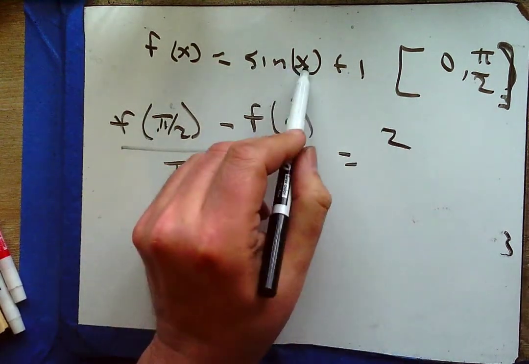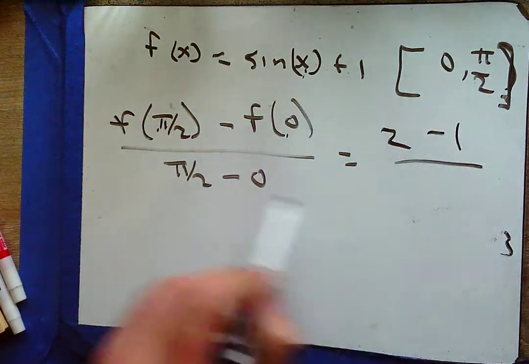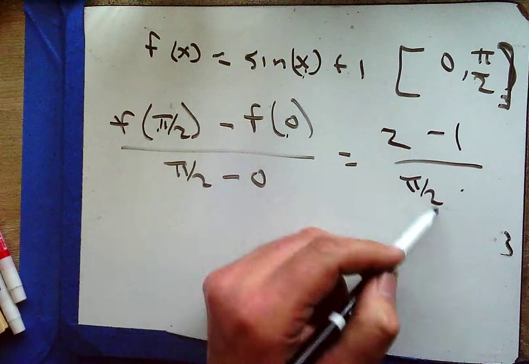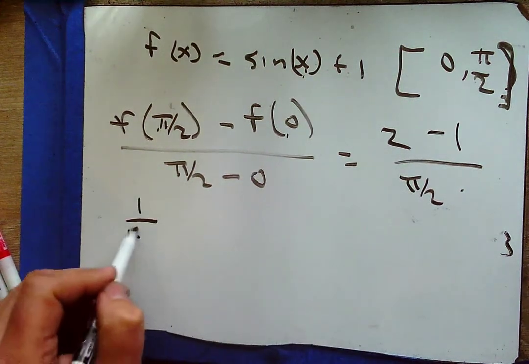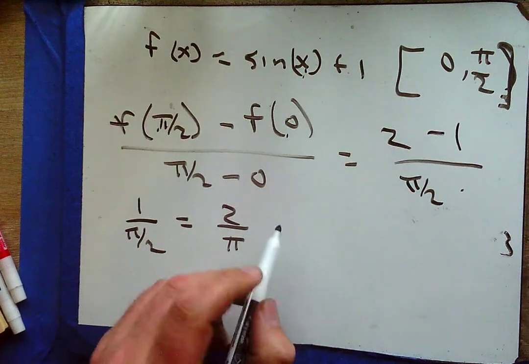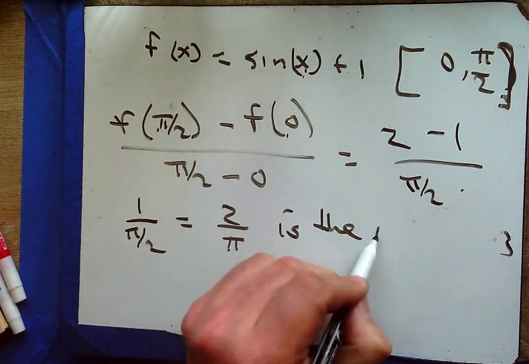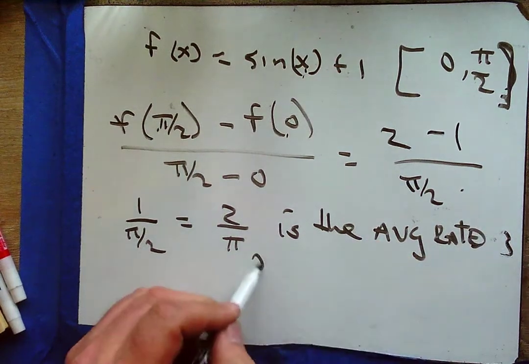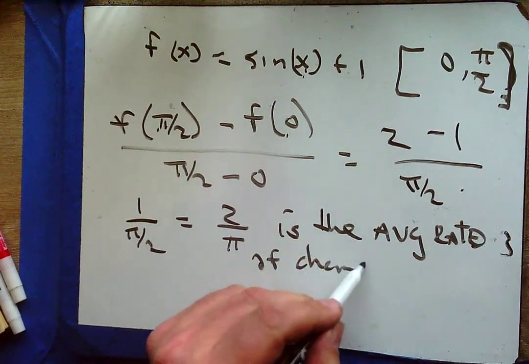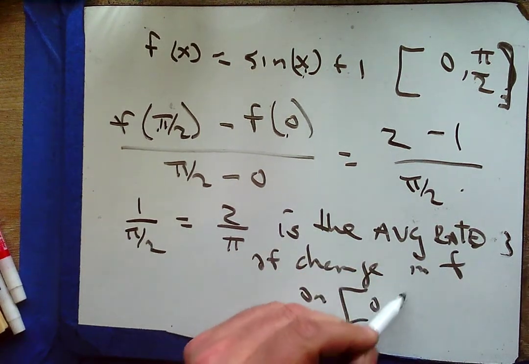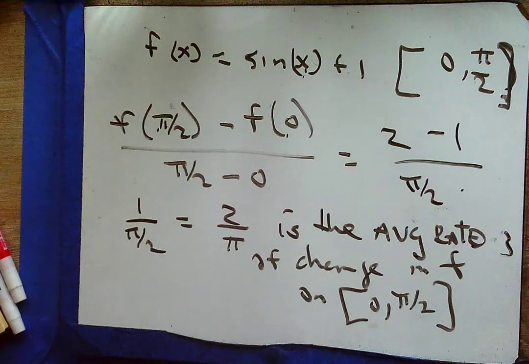F of 0 means I plug a 0 in, and pi over 2 on the bottom. So 1 over pi over 2, when I flip and multiply, becomes 2 over pi, is the average rate of change in f on 0 to pi over 2. Excellent.